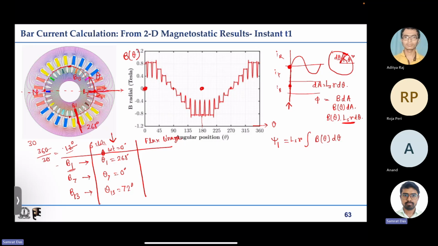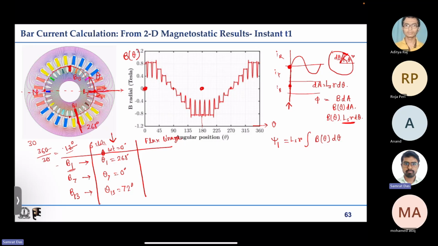Suppose I take an example, say some conductor here. What are the flux lines that are linking this conductor? Actually, all the flux lines which start from, say, 180 degree and go to 360 degree or 0 degree.